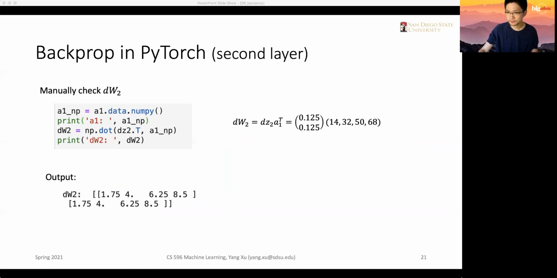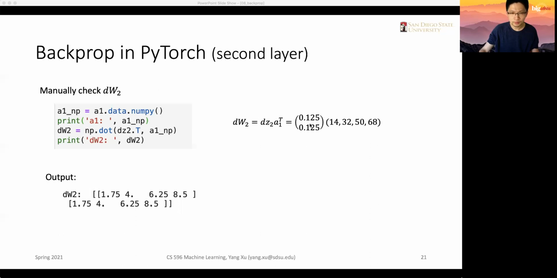Professor, I have a question. On this calculation, when you multiply 14 with 0.125, then the second 32 should be multiplied with the bottom one. I got confused over there.